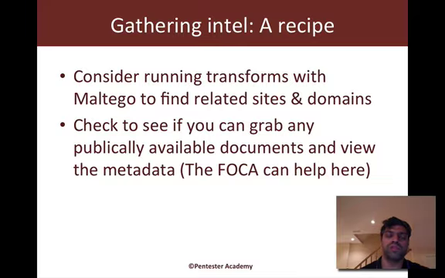Next, you want to consider grabbing any publicly available documents from these sites, from the main pages and such, or other sites, and view the metadata if possible. FOCA can be helpful here. Keep in mind, however, that in a number of cases, they can wipe out the metadata, so you may not see anything, or the metadata, as we've already talked in terms of counter intel, can be faked.